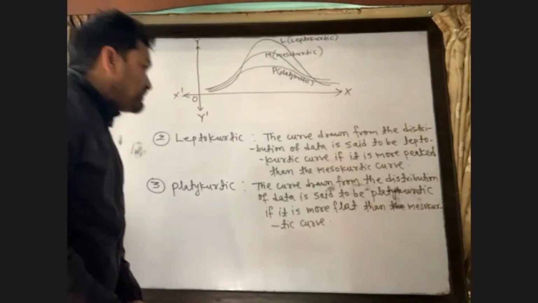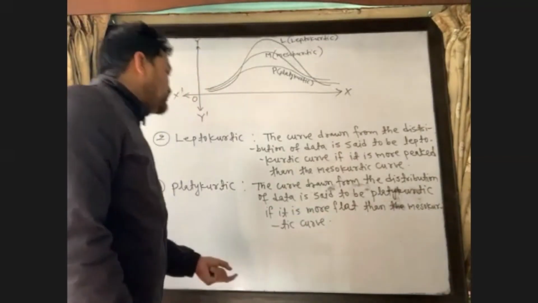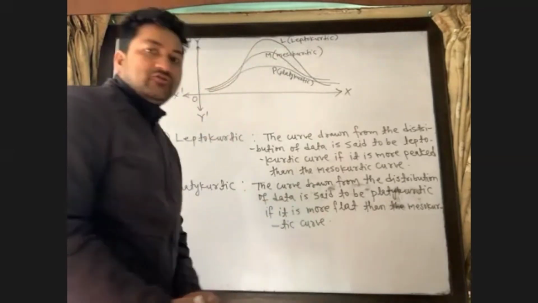Okay. The curve drawn from the distribution of data is said to be platykurtic if it is more flat than the mesokurtic curve.